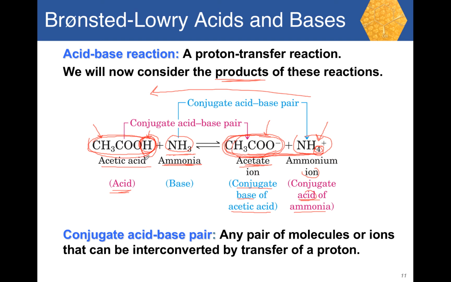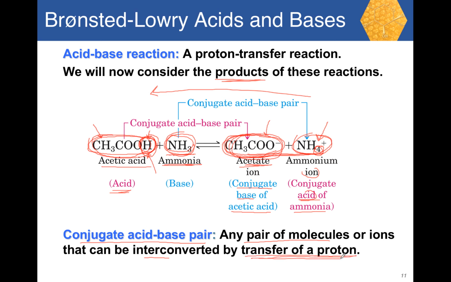But the bottom line is that you should be able to look at an acid and determine its conjugate base. You should be able to look at a base and determine its conjugate acid. The only difference is a proton. So the conjugate acid-base pair of any molecule is just an interconversion based on a transfer of a proton.